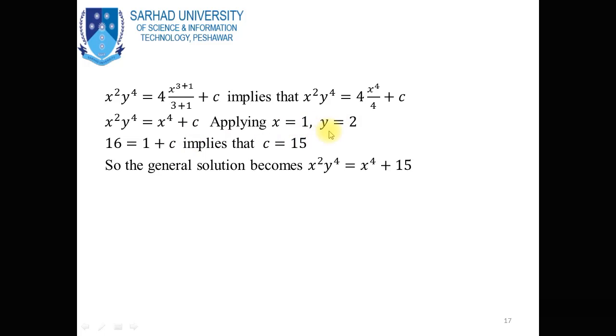Now putting x is equal to 1 and y is equal to 2 in this expression, 1 square means 1 and y value 2 power 4 is equal to 16, and 16 is equal to, now x power 4 is equal to 1, the value of x is 1, so 16 is equal to 1 plus c, which implies that c is 15. Now putting this value of c in this general solution, we obtain x square y power 4 is equal to x power 4 plus 15.